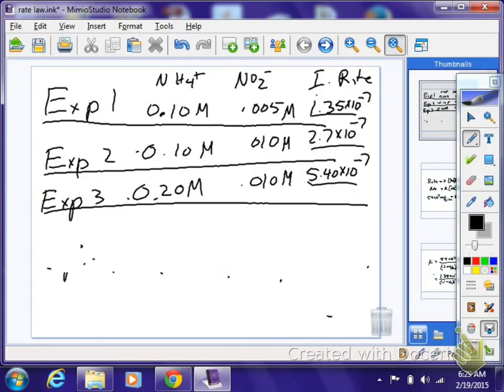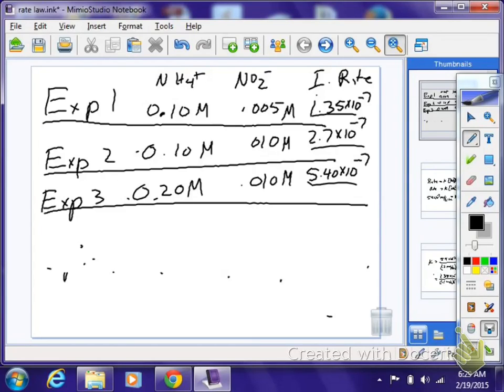And what we're doing is we're looking at how the initial rate is over here to the right, and it's 1.35 times 10 to the minus 7th for experiment 1, and so on, down to 5.4 times 10 to the minus 7th for experiment 3. We have different experiments with different concentrations.